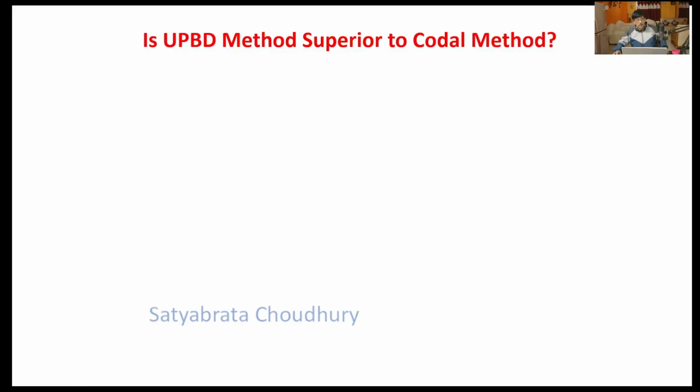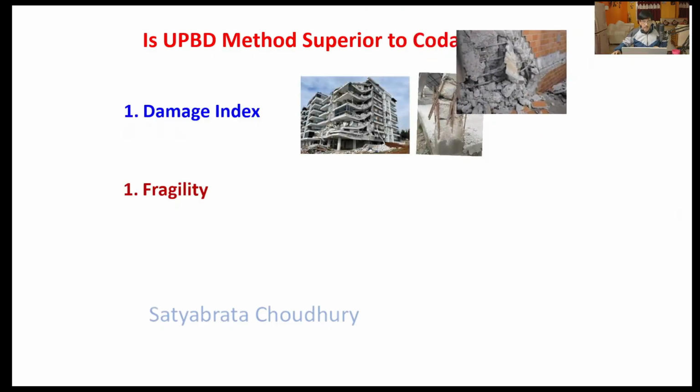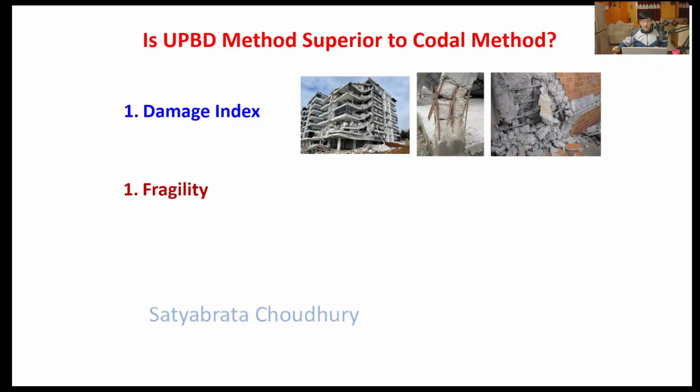Today's video is on the UPBD method and the Codal method, which is superior we want to establish. For this purpose, certain parameters are to be considered which are to be compared. So these parameters are damage index. The damage index pertains to the whole building or to a particular member as shown here, or some other elements.